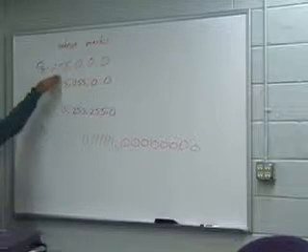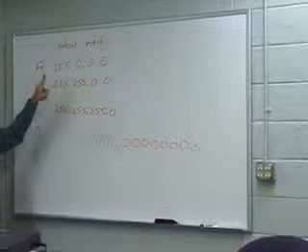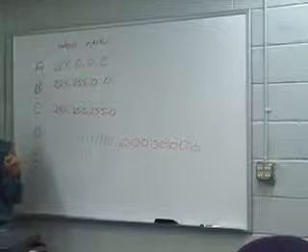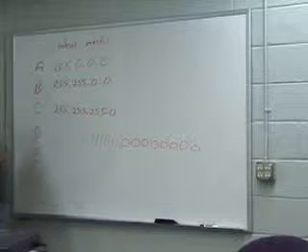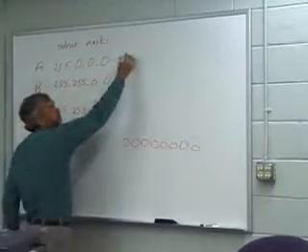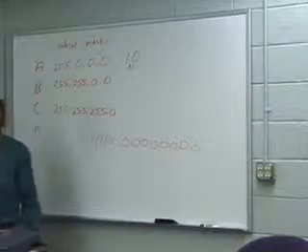Okay? Now, if it's a Class A address, the network portion is in the first byte. So that first number is your network portion. So if we use 10, 10 there is the network portion.